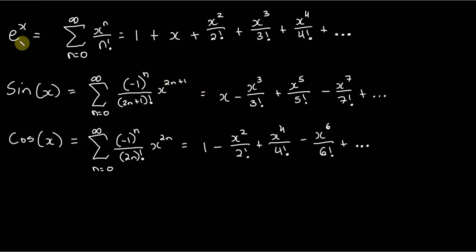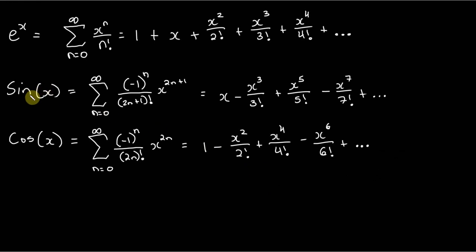Let's just look at this. The expansion for e to the power of x is 1 plus x plus x squared over 2 factorial plus x cubed over 3 factorial plus x to the power 4 over 4 factorial, and so on. There's infinitely many terms here. Likewise for the expansion of sine of x and cos of x.